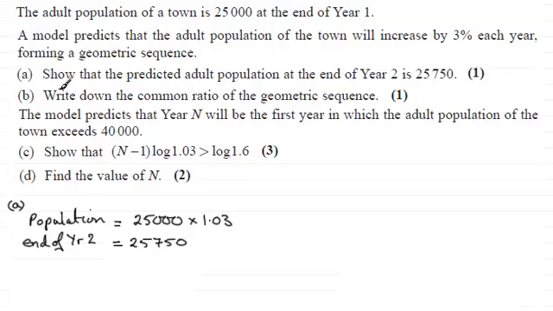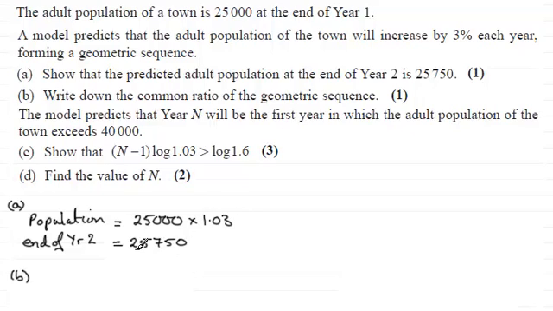Now in part B, it says write down the common ratio of the geometric sequence for 1 mark. So again, give you a moment just to try that if you'd like to pause the video. Okay, welcome back then if you had a go for that one. Well, what we're doing is multiplying each term by 1.03.